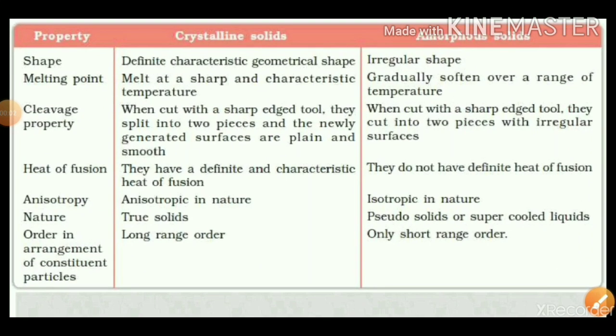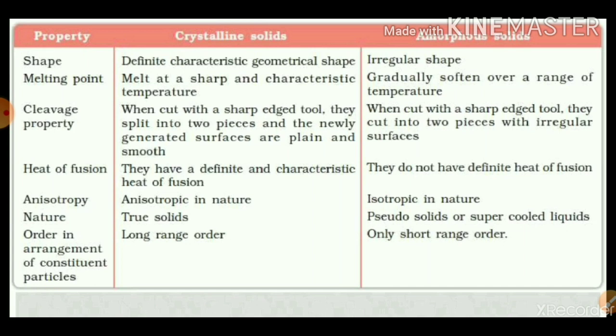Crystalline solids have a definite heat of fusion, that is, if 1 mole of crystalline solid is to be melted, it will require a definite amount of heat energy. Whereas 1 mole of amorphous solid will require a variable amount of heat energy. That's why we can say amorphous solids don't have a definite heat of fusion.